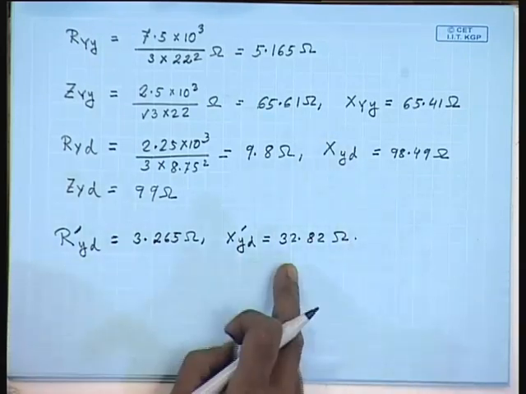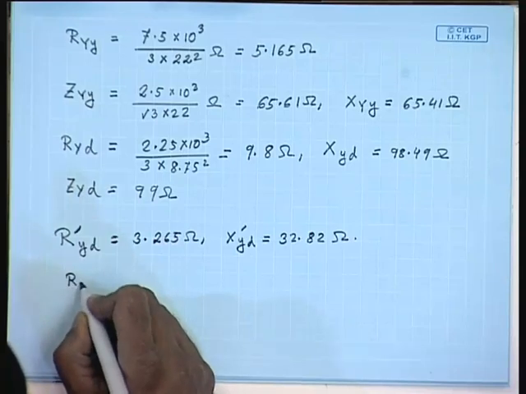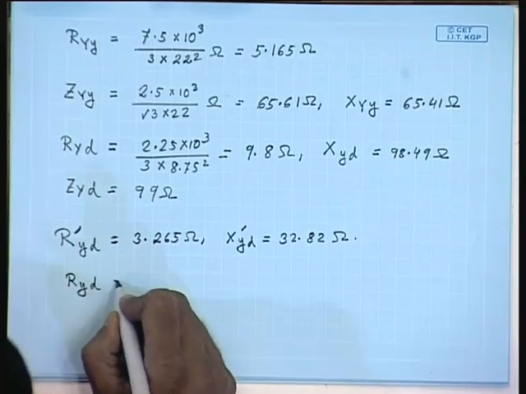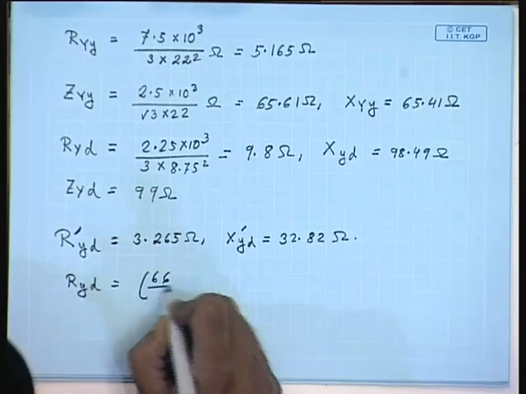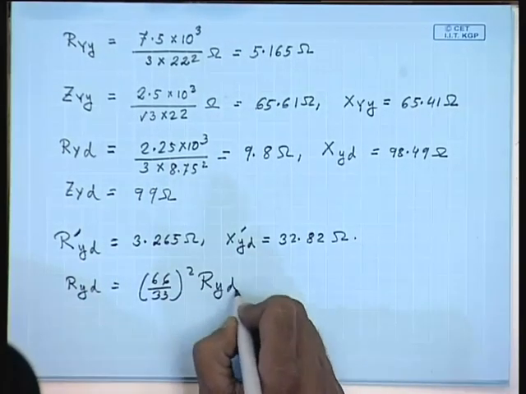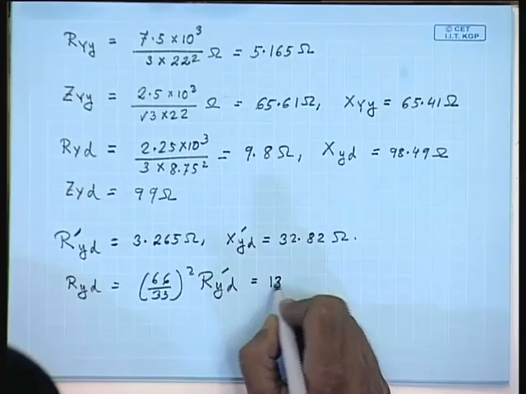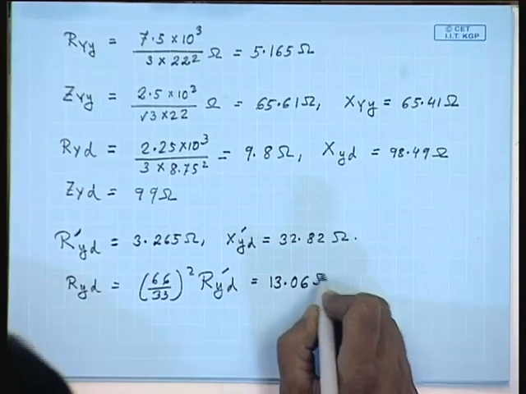Now, these are to be referred to the 66 kV winding, that is RYD equal to 66 by 33 whole square RYD dash, this gives me 13.06 ohm.